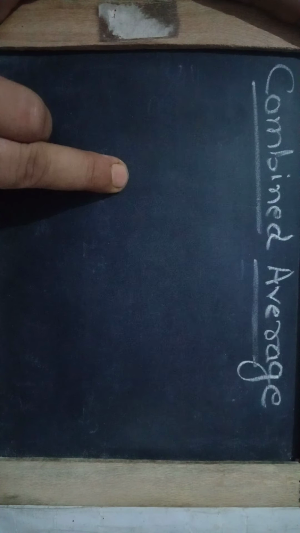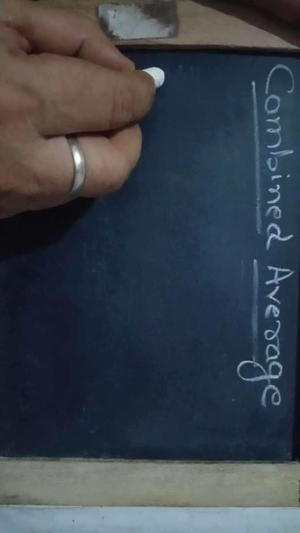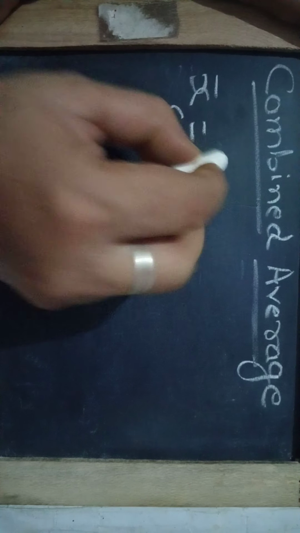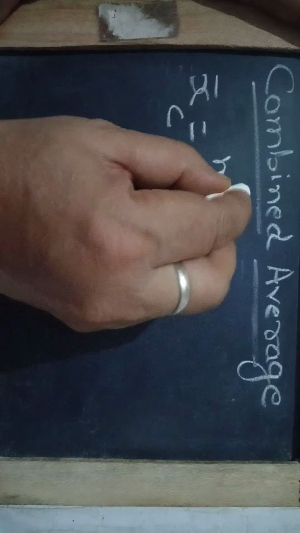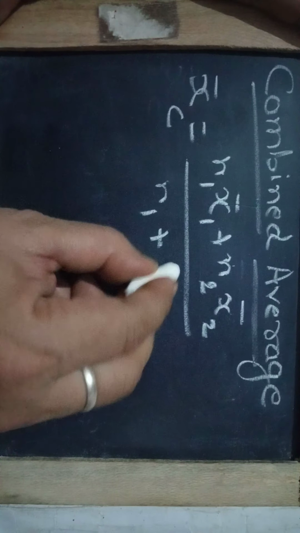We use the formula of combined average, that is xc bar equal to n1 x1 bar plus n2 x2 bar upon n1 plus n2.